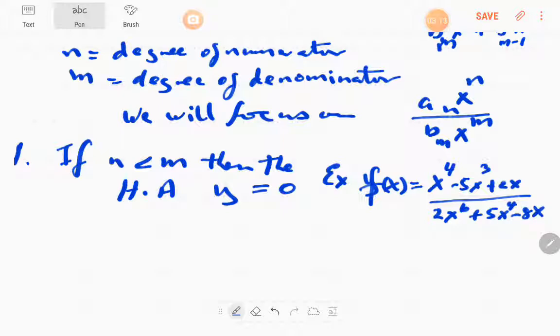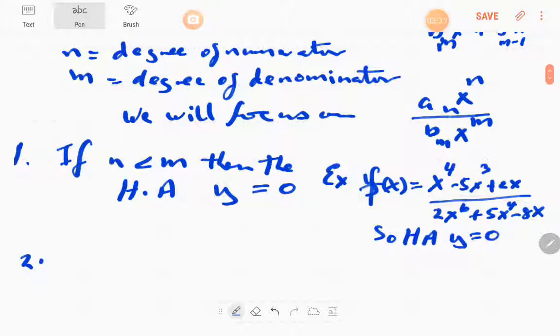Well, in this case, we just focus in on the x to the 4th and the 2x to the 6th. The degree of the denominator is bigger than the degree of the numerator, so the horizontal asymptote would just be y equal to 0.